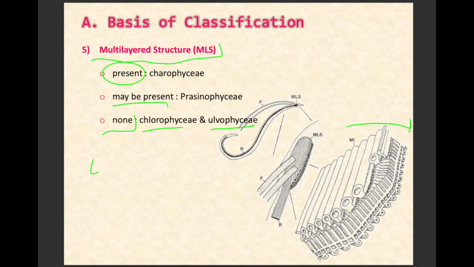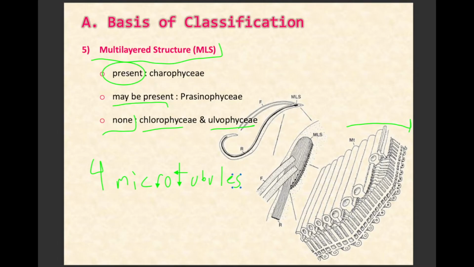Usually, this is composed of your 4 layers of microtubules that is found in your kinetosome. Four layers of microtubules.